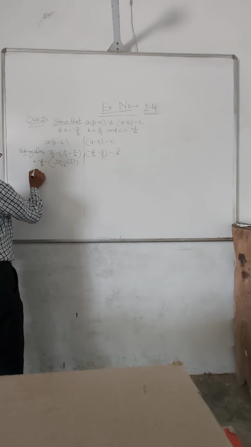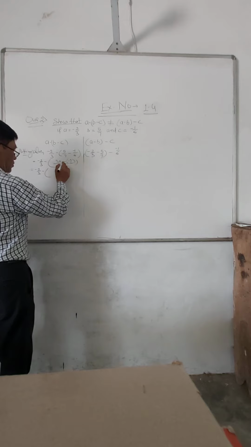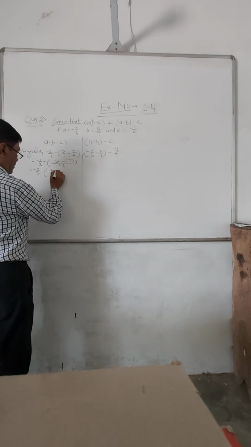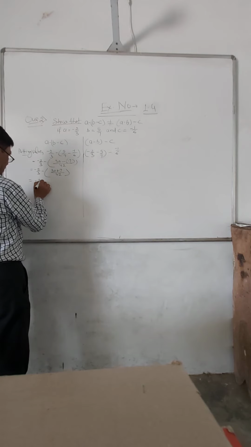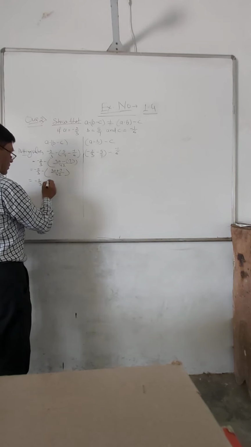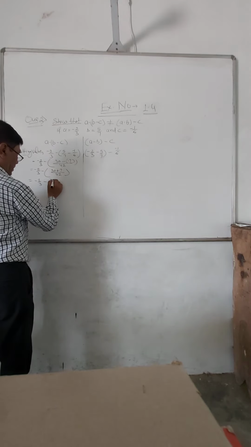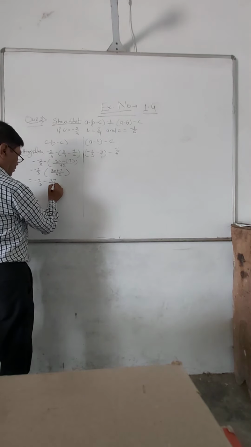Again, next step: minus 2 by 3 minus 30 plus 7 upon 42. Again, minus 2 by 3 minus 30 plus 7, 37 upon 42.